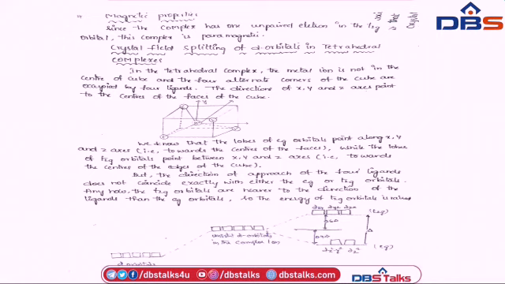In the tetrahedral complex, the metal ion is at the center of the cube, and the four alternative corners of the cube are occupied by four ligands. The directions of the X, Y, and Z axes point to the centers of the faces of the cube. That is very important. See that figure. This is the central ion.